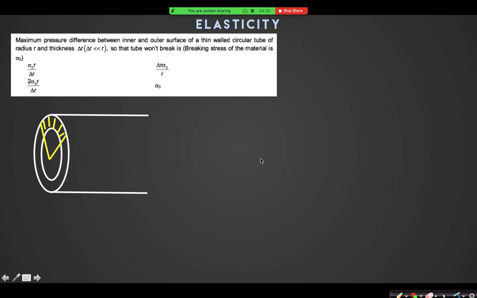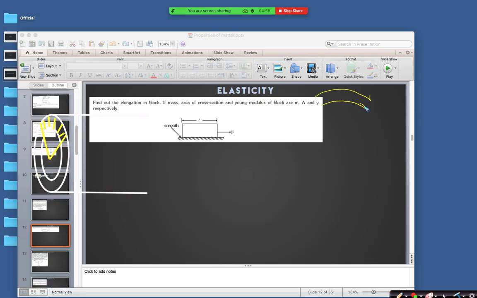If I draw the free body diagram of this cross section, you will see that the front view I'm drawing, I'm trying to draw the front view only. The front view, it will look like this.